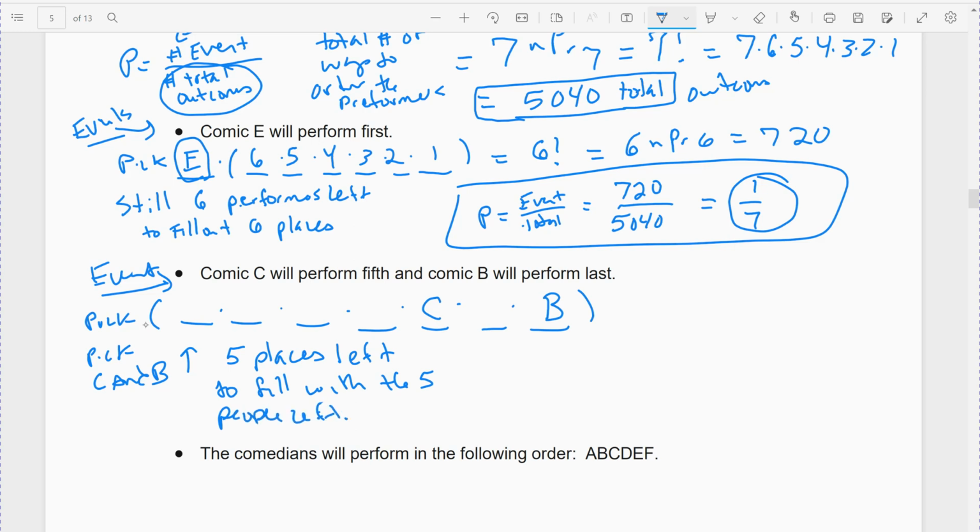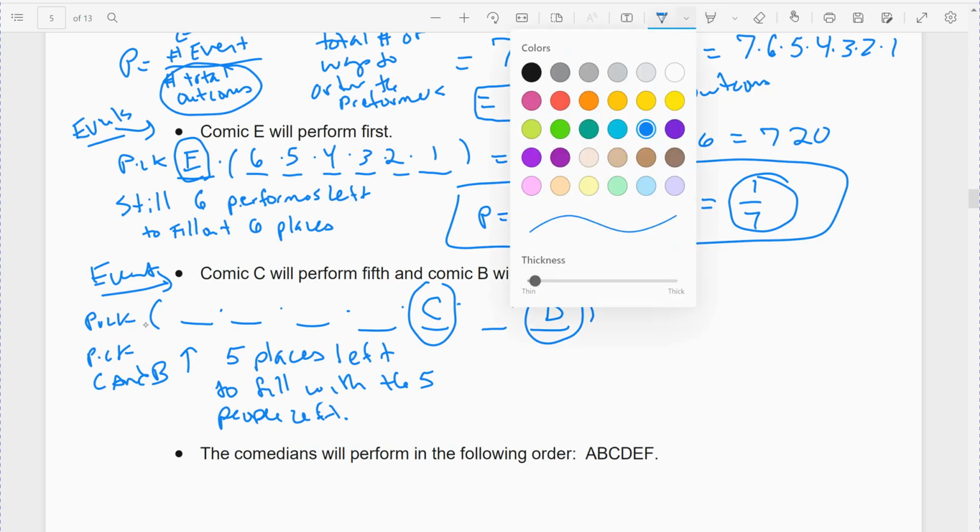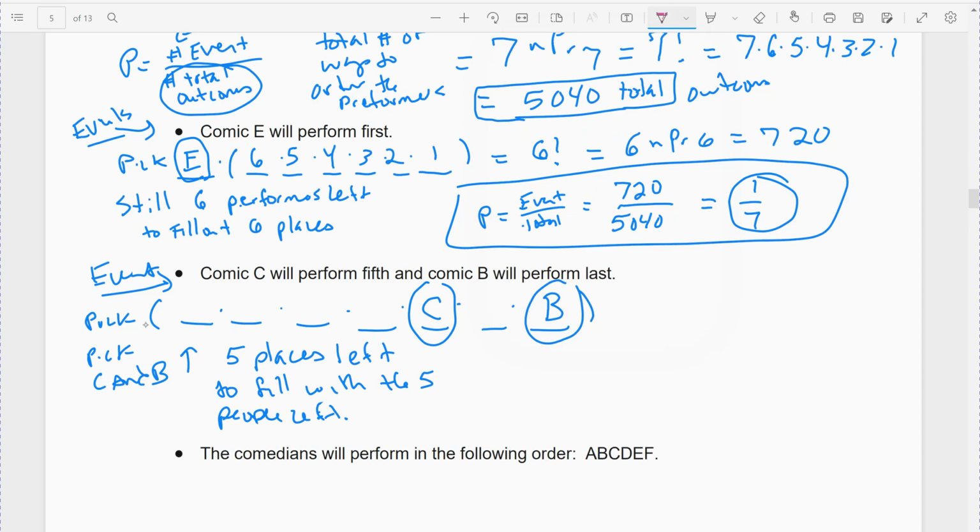Again, I've eliminated 2 spots in my lineup, which means I've eliminated 2 people. So I have 5 people left to fill out those 5 spots. I'm going to write my numbers down in a different color. In the first spot there's 5 people, then 4, then 3, then 2, and then the remaining guy goes between C and B.